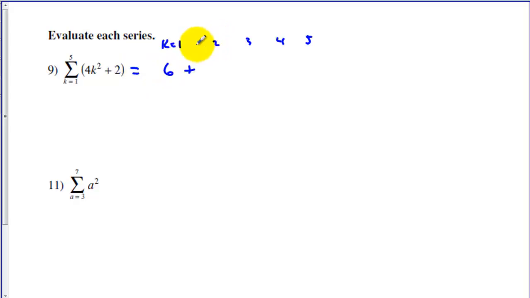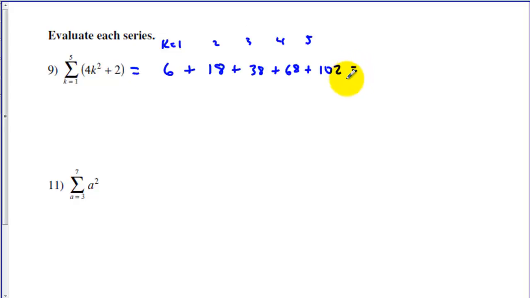If I put in 2 here, 2 squared is 4, 4 times 4 is 16, plus 2 is 18. If we put in 3, I've got 9 times 4 is 36, plus 2 is going to be 38. For 4, I've got 16 times 4 is 64, 68. And 5 here is 25 times 4 is 100, plus 2 is 102.